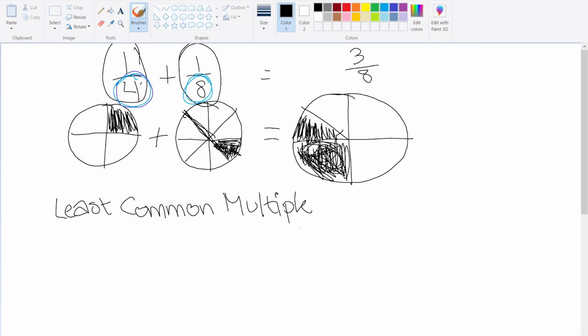So when they say the words least common multiple, literally the word least means the smallest, common means the same, and multiple, think about your times tables.